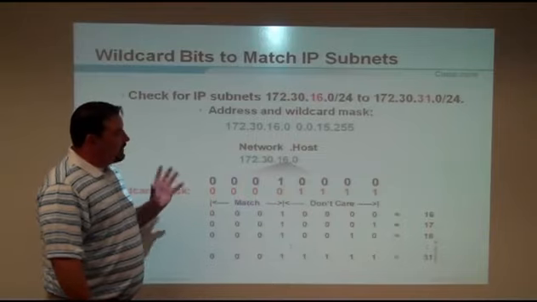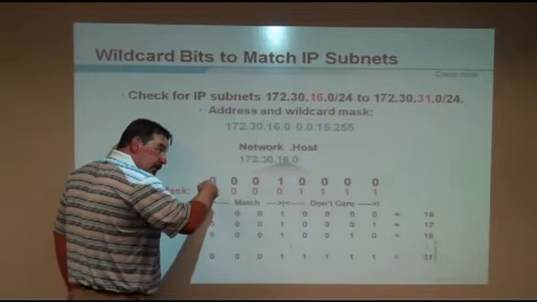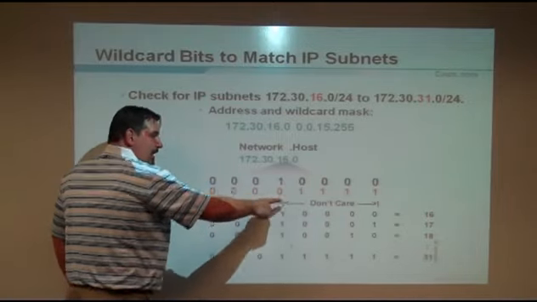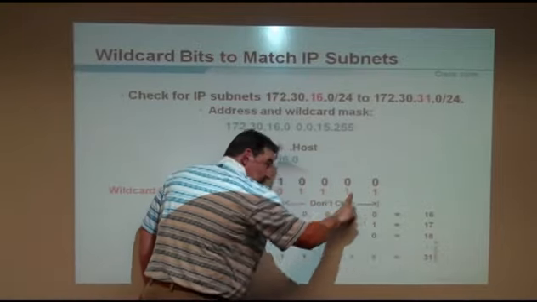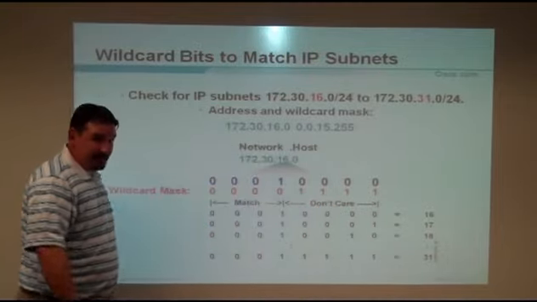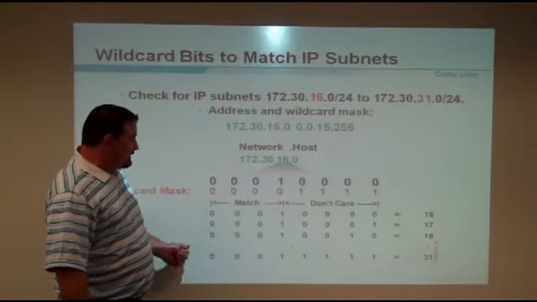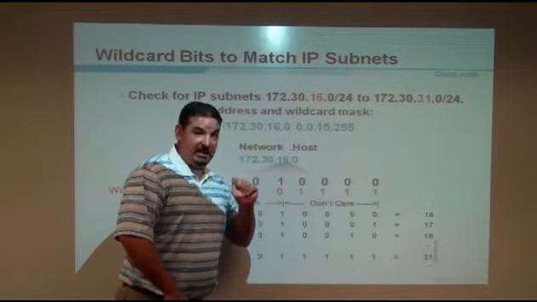So what we're looking for in this case right here is to say, I want to check and make sure that the first, second, third, and fourth bits of that third octet are 0001 exactly. But I don't care what's going on within the last 4 bits of that particular address. Okay? So my wildcard mask in this case is going to be 00001111 or a 15. Okay?